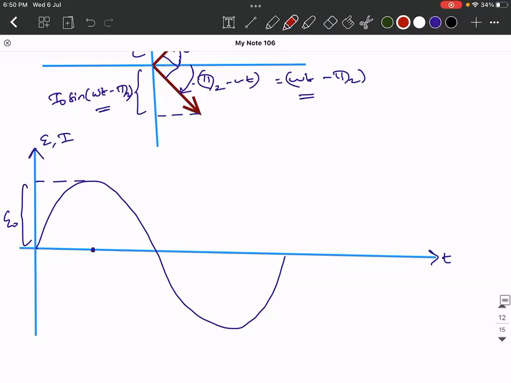So if it starts from here, observe, it is exactly upside down, so the phase difference is pi. So 180 degrees difference means out of phase.